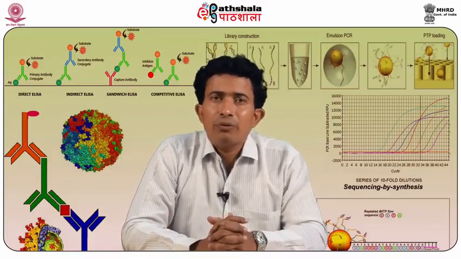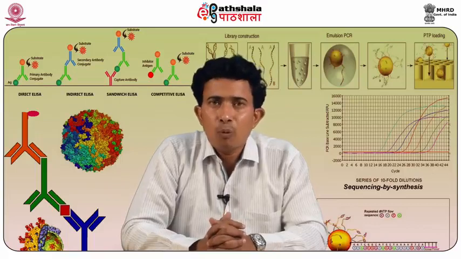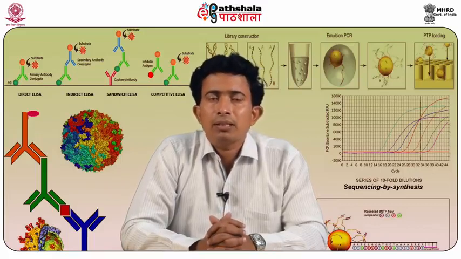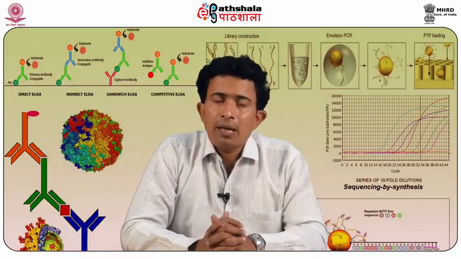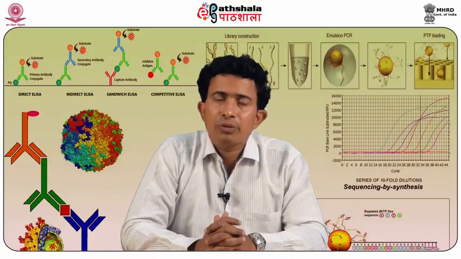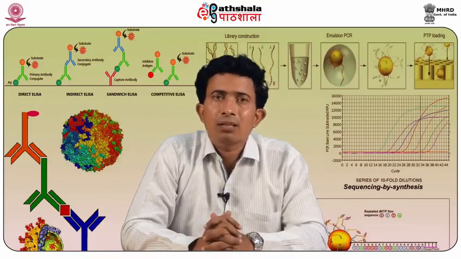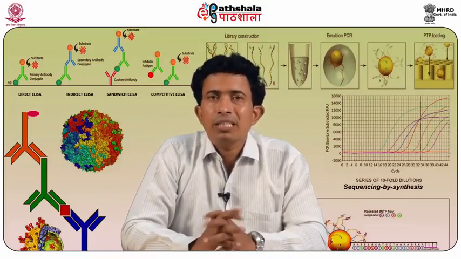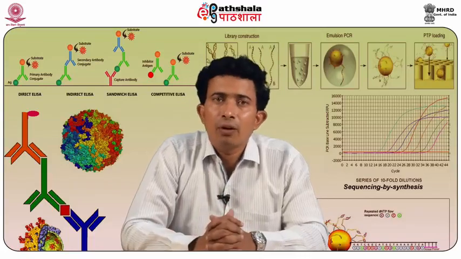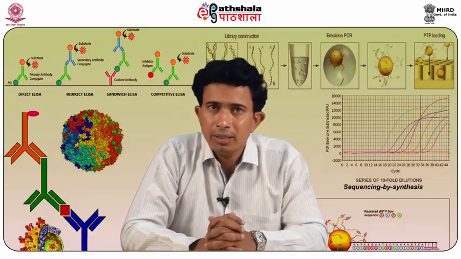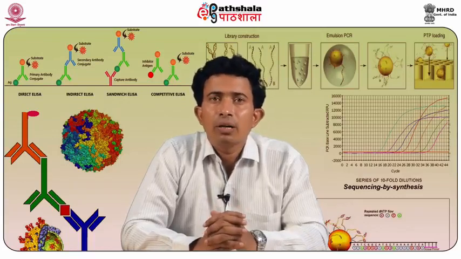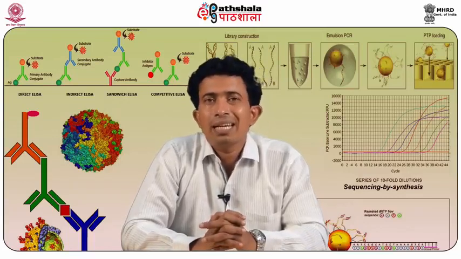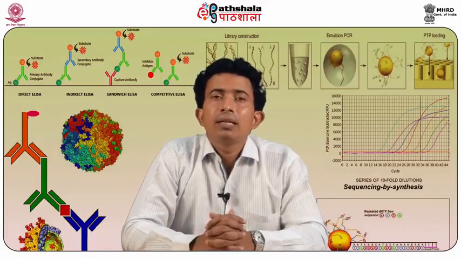With the advent of this method, it became very popular because it avoided the hazard of radioisotopes and autoradiography, which was the main component of the Maxam and Gilbert method. So this method ruled the scientific world for almost 30 years. Up to 2005, this was a major method for DNA sequencing before next generation sequencing was developed.